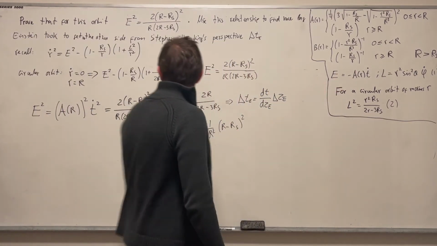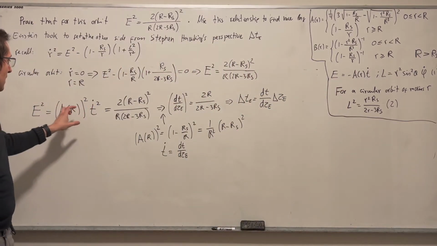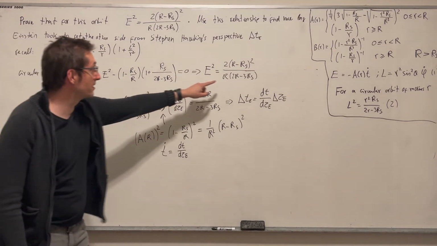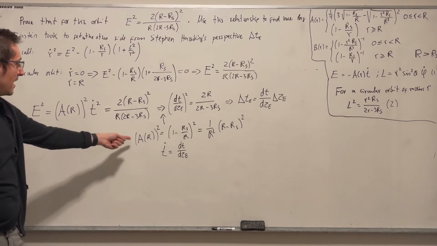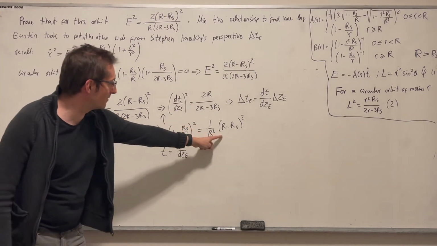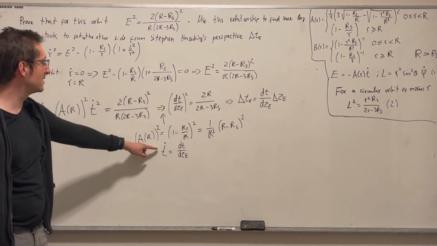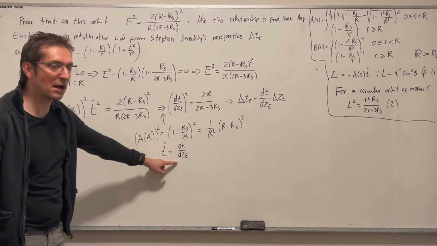Then we can substitute, this is also equal for this orbit to this quantity, that's why I particularized the capital R, and then what we can do is equate these two expressions. Then A(R) squared substituted by its expression, which simplifies to this little thing, and remembering that T dot is just dt over d tau Einstein.